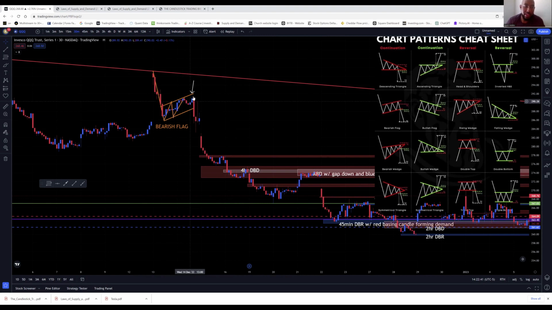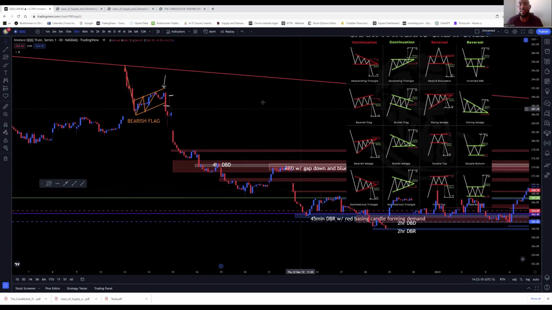Once it breaks, like on the picture here, your entry is when you get a close below, right in here. Or just say you missed that entry. On this candle, you had a pullback way up here. This could have been another entry, and then it continued to drop all the way down here.